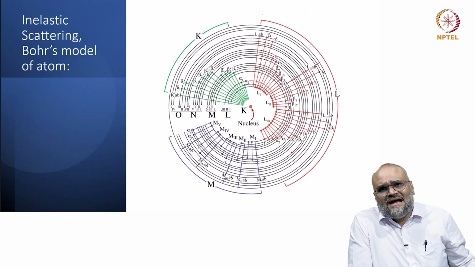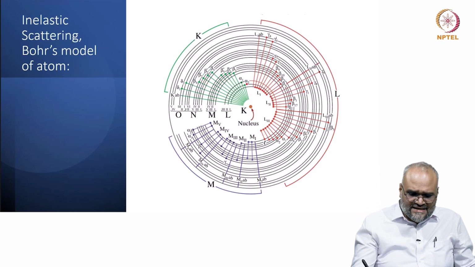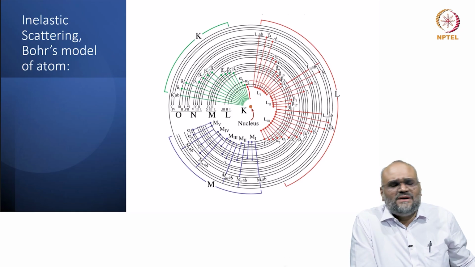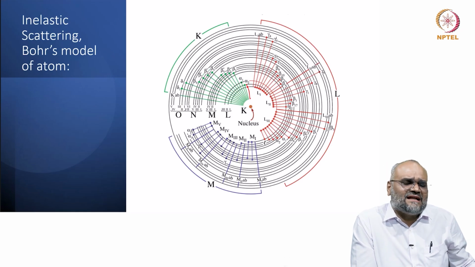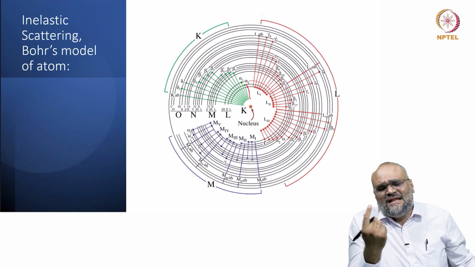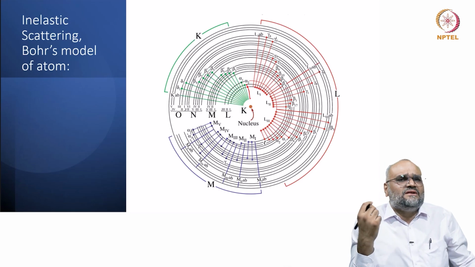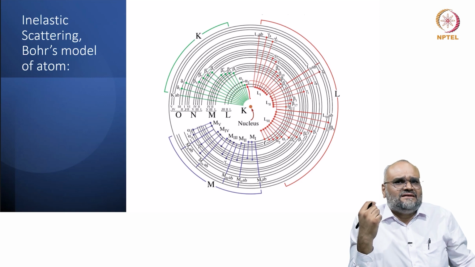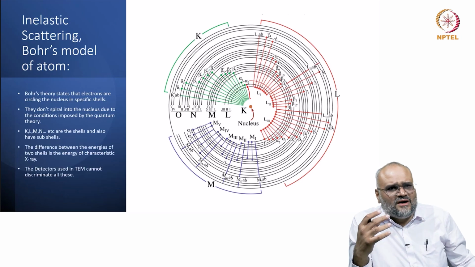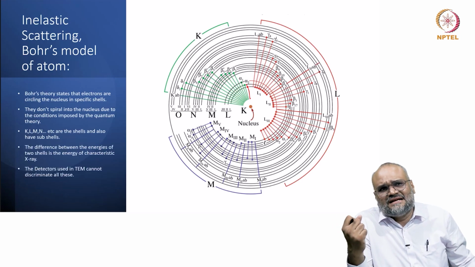So for every atom, when you measure the energy of the inelastic event that is associated with each of these transitions, you can get to know what kind of valency, what kind of element is present, and this helps you understand the compositions of a material. So I have just summarized all of this in the discussion now.